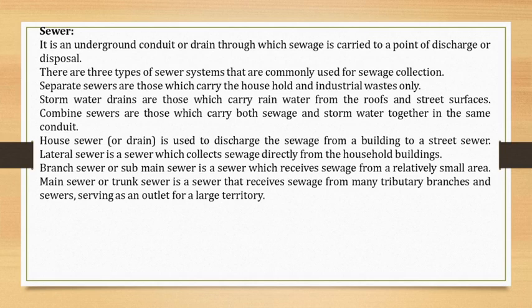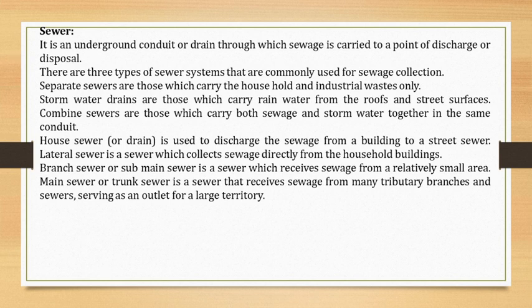Okay. Next, house sewer, or you can also say the drain, which is used to discharge the sewage from a building to the street sewer. So the waste collected from the house which transfers into the street sewer is called the house sewer. Next, lateral sewer. A lateral sewer is a sewer which collects the sewage directly from the household building.